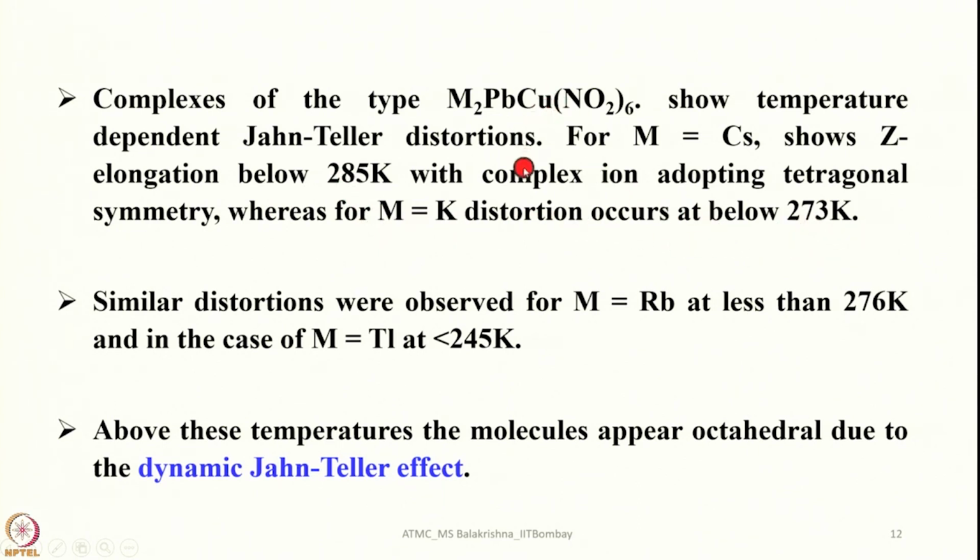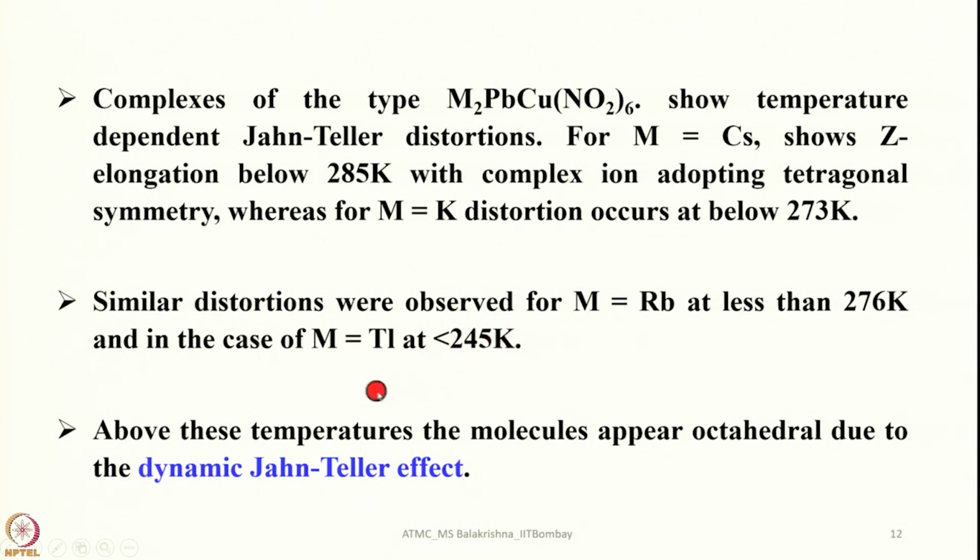So, here one can see temperature assisted Jahn-Teller distortion, and similar distortions were also observed with M equals rubidium at less than 276 Kelvin, and in the case of M equals thallium at less than 245 Kelvin.